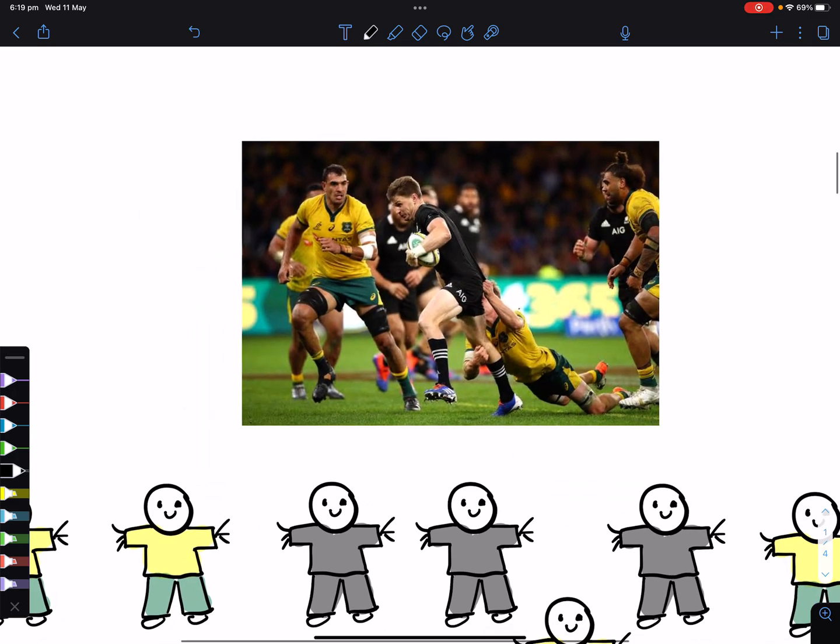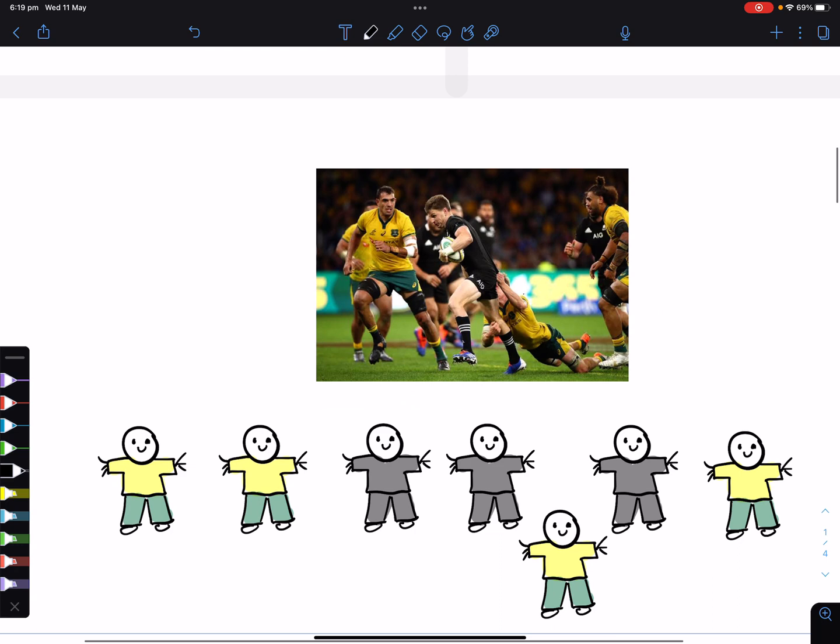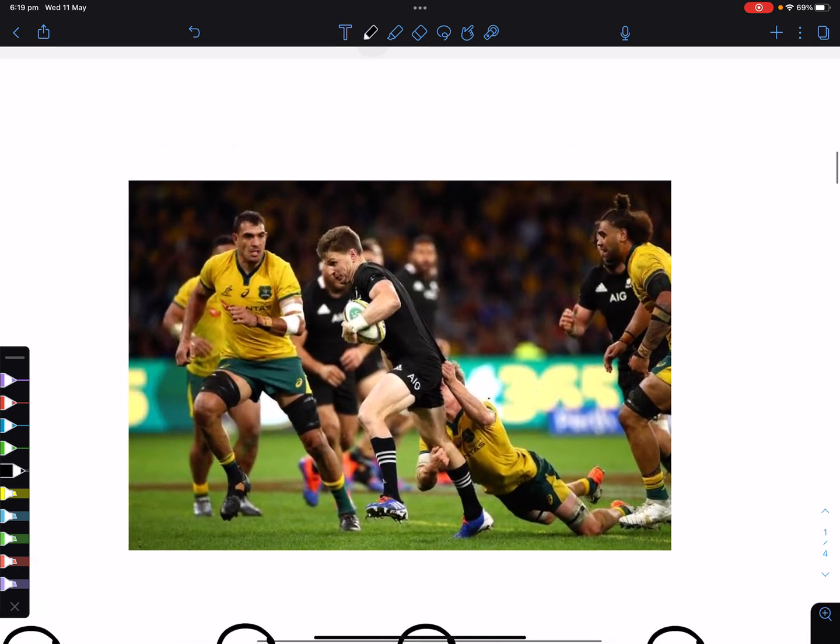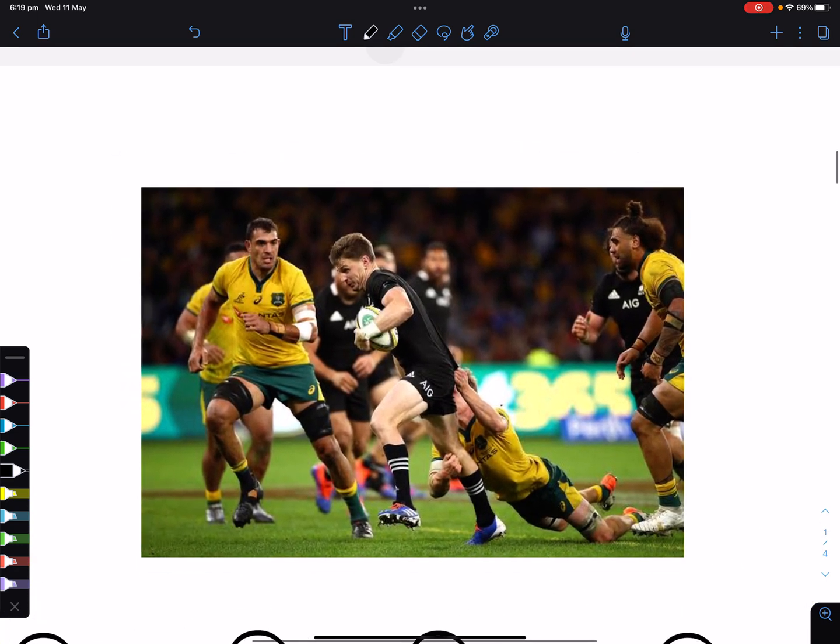I don't really care, but what we can see is that people are wearing a uniform, so you know which people belong to which team. If somebody went onto the field wearing the black uniform, then you know they belong with the black team. If somebody walked into this field with the yellow-green uniform, then you know they must belong to that team.